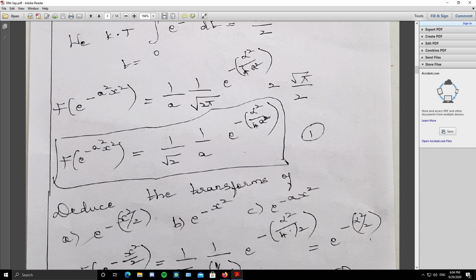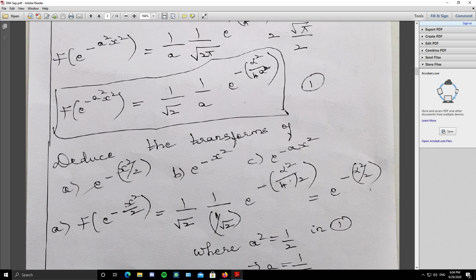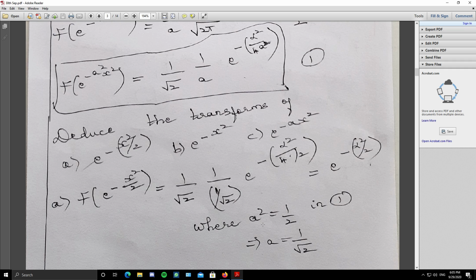Now from this we have to deduce these three expressions. First one, e power minus x square by 2. So you have to get this from the result. In place of a square you have half. You compare these two. a square is half. So if a square is half, a is 1 by root 2. We always take the positive root.